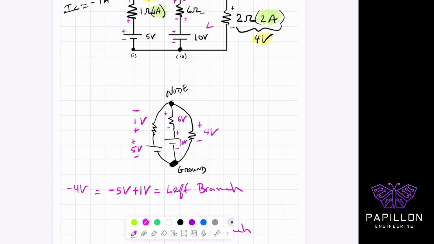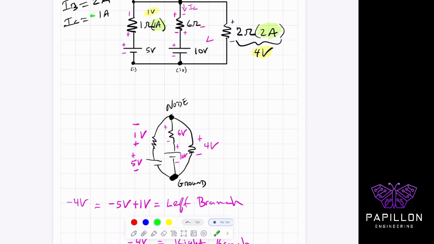Right now I'm using the constraint equation from the left loop. What that means is that, because I have a negative 6 volts, it inverts the positive and negative. Instead of being positive on the top and negative on the bottom, this actually becomes positive on the bottom and negative on the top, because this is a minus 1 amp, so it inverts the direction of flow.